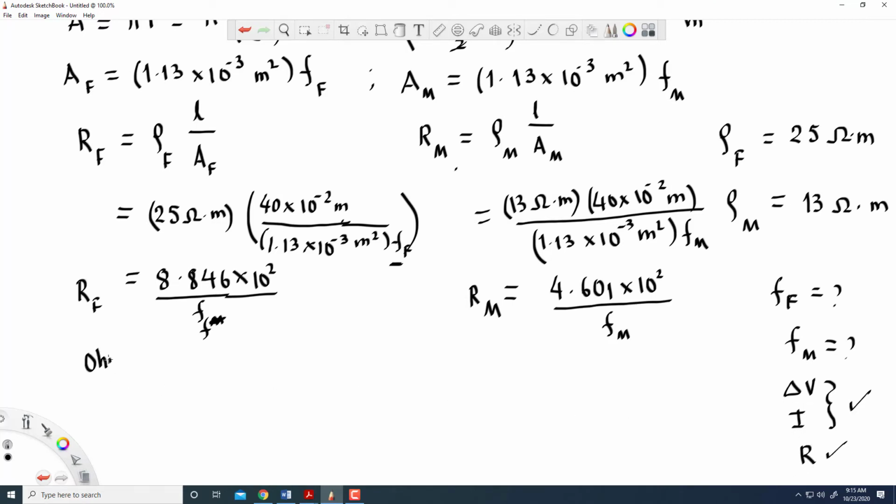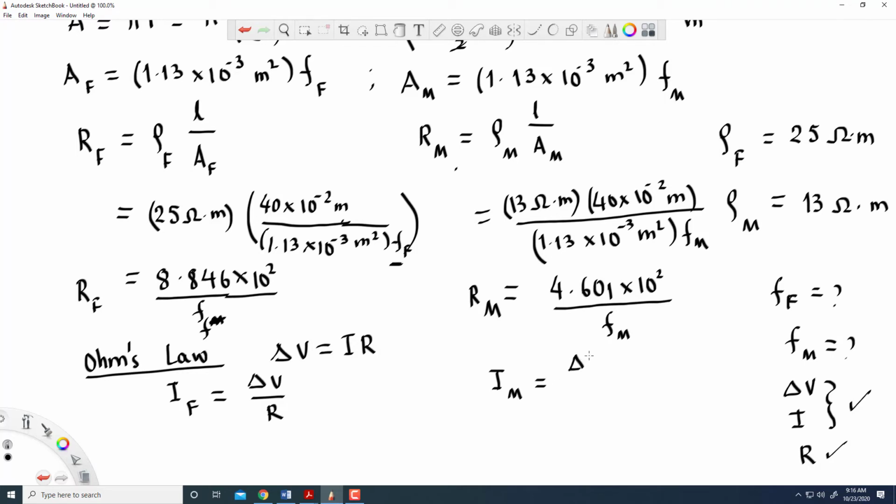So Ohm's law gives us delta V is equal to I times R. So we can find I that flows to the fat, that's given by delta V over R, and we can find the current that flows to the muscle, that is given by delta V over resistance of the muscle.